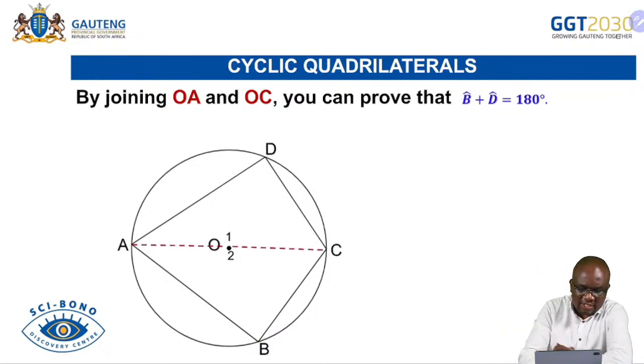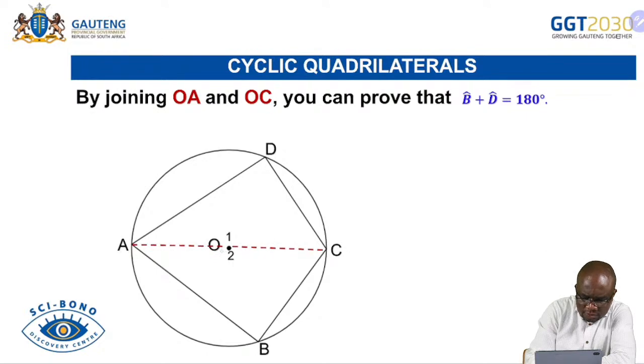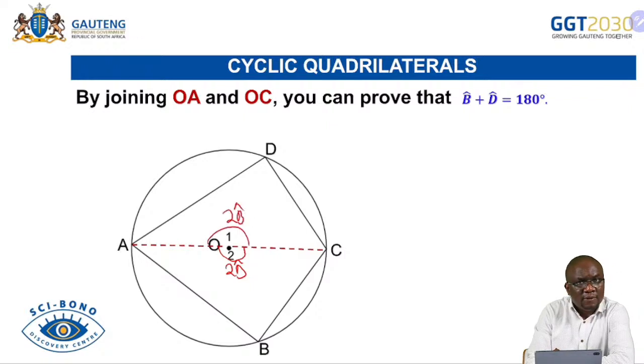This one is 2 times angle D, and this one is 2 times angle B. Then 2 angle B plus 2 angle D is equal to 360 degrees, angles around a point.